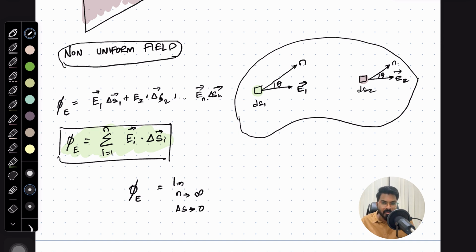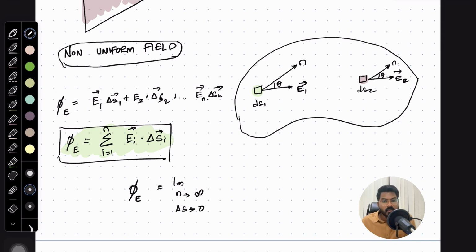That means we have innumerable pieces. We have shown two different pieces here, but instead we have n number of pieces, which is infinite. Each of these pieces is so small that we look at it as a very big continuous surface.